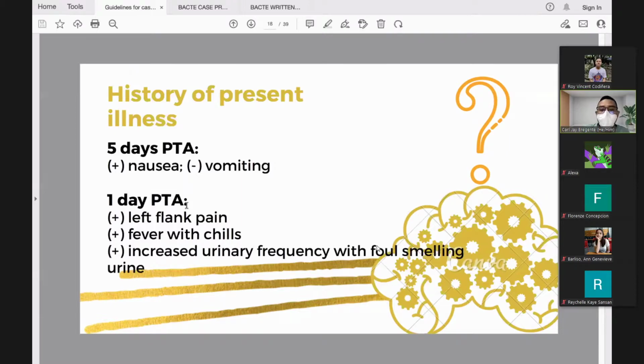One day prior to admission, the patient experienced left flank pain, fever with chills, and increased urinary frequency and foul-smelling urine. If you notice, there is a positive sign, meaning the patient experienced it, and a negative sign, meaning the patient did not experience it.